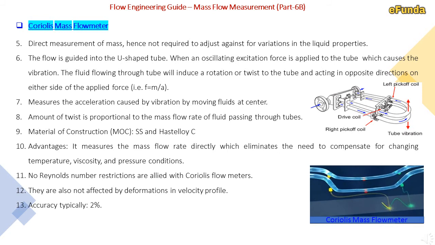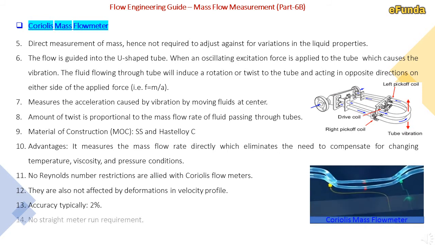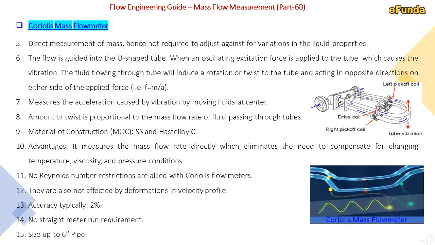Most importantly, accuracy is typically in the range of 2%, and there is no straight meter run requirement for the Coriolis mass flow meter compared to the volumetric flow measurement technique. These meters are available in sizes up to 6-inch pipe, and this is how the Coriolis meter design and its considerations are done while selecting the measurement of mass flow with the help of a Coriolis meter.